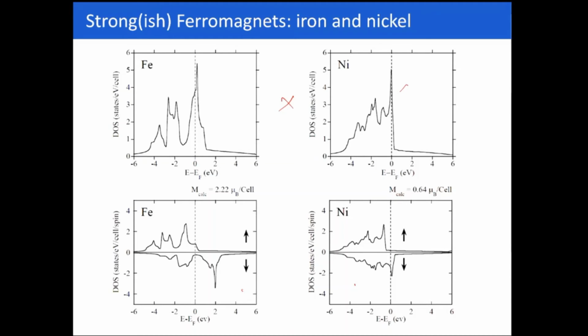And you can see in the case of iron, for example, there's a sort of bit of Fermi surface here, this peak in one polarization of the spin that's not present in the other. So there will be sheets of Fermi surface that only have one spin. In nickel it's a little bit weaker, so that the sheets are not so different.